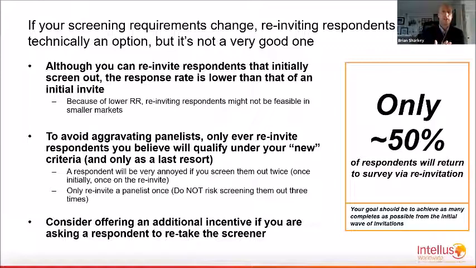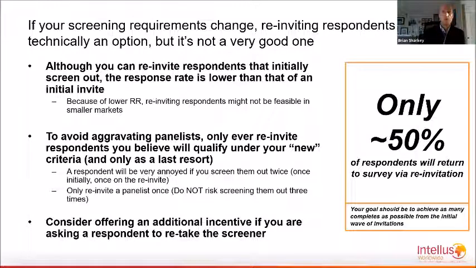Another tip I would have is to only ever re-invite respondents if you believe they will qualify under your new criteria. So if we have properly set up the ordering of our screening questions, which Jana walked us through, and placed those that we knew we might be flexible around towards the end of the screener, then we should have an idea of that individual's overall background and their qualifications.